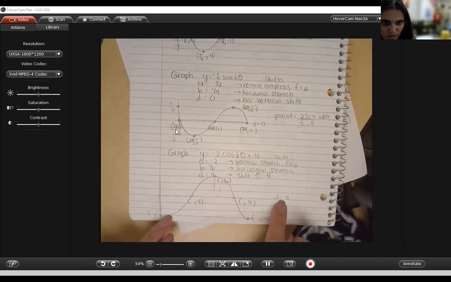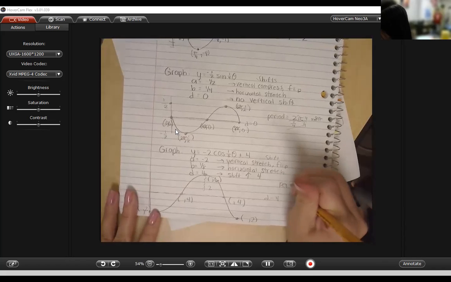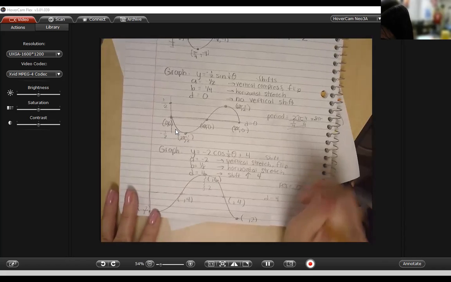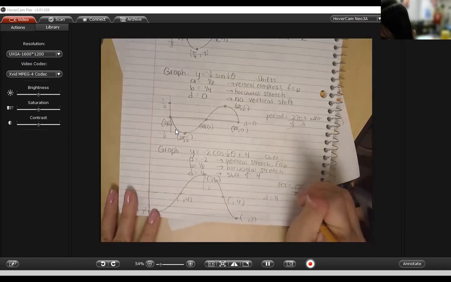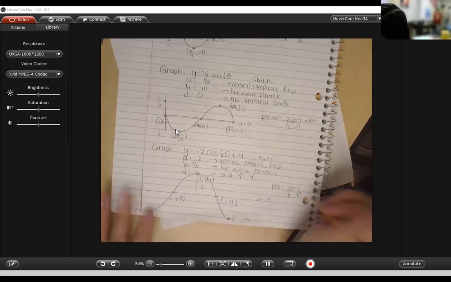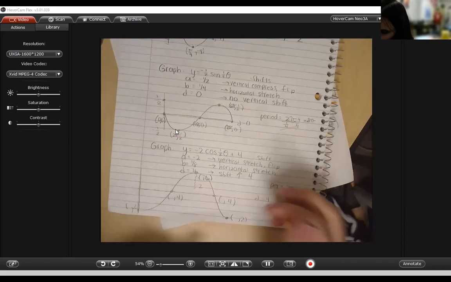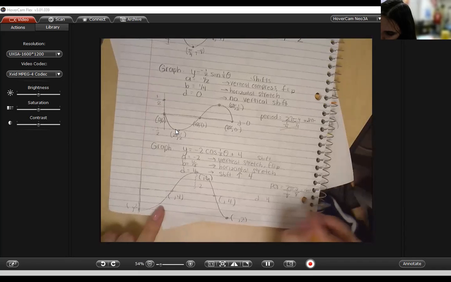Midline is 4. Now I need to find my period. My period is going to equal 2 pi over B, which is 1/8. So I multiply the top and bottom by 8. What do I get? I get 16 pi on the top and 1 on the bottom. So my period is going to be 16 pi.